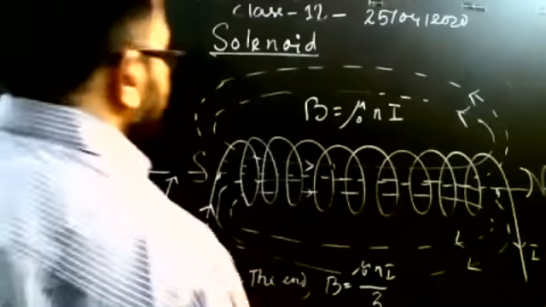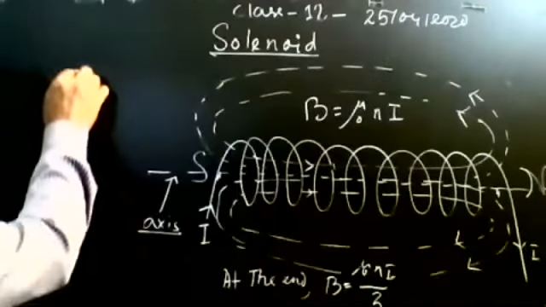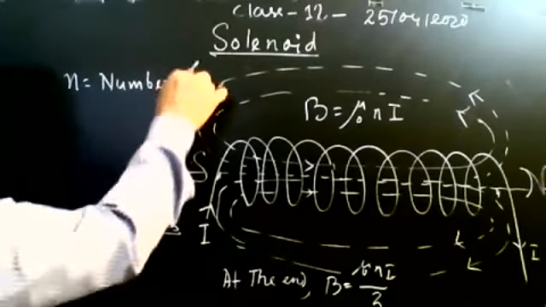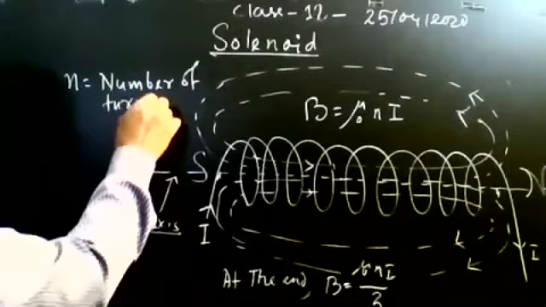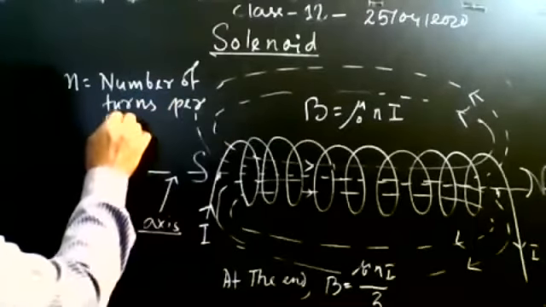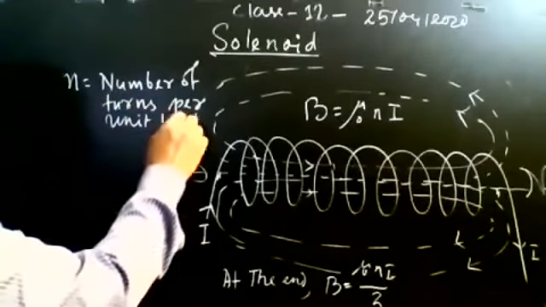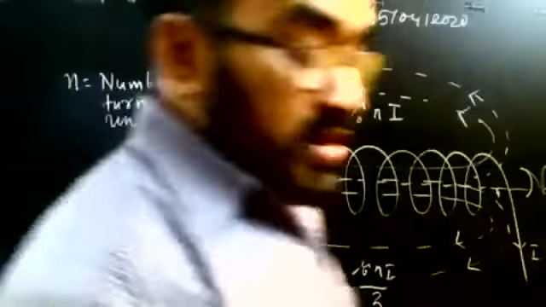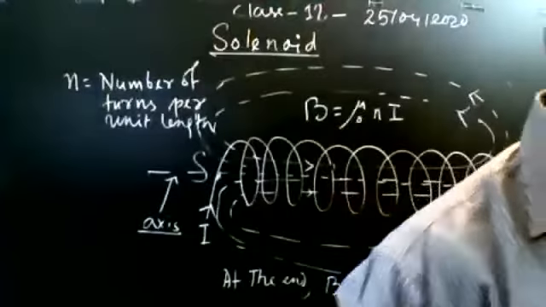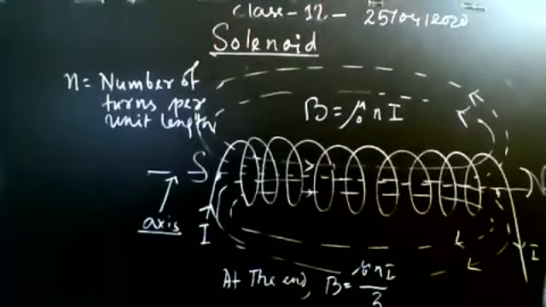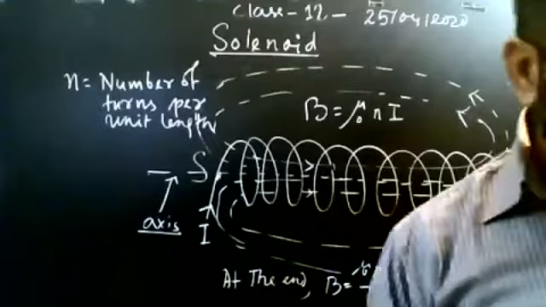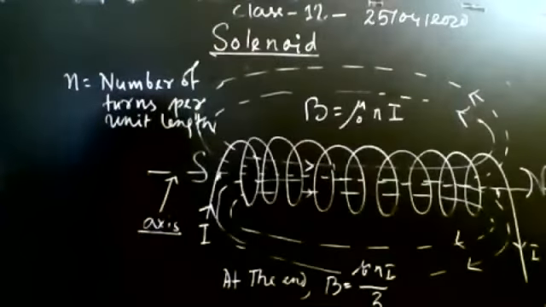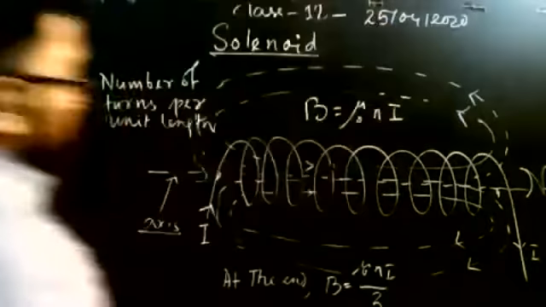So what is small n? Small n is the number of turns per unit length. Mind it, it is not the total number of turns. It is the number of turns per unit length. And what is mu naught?